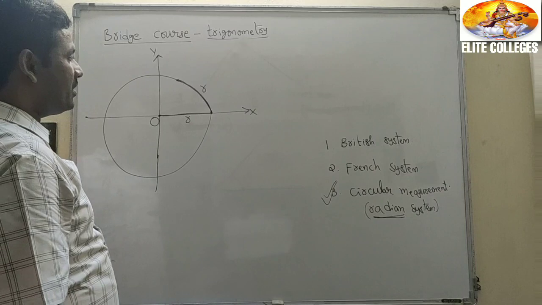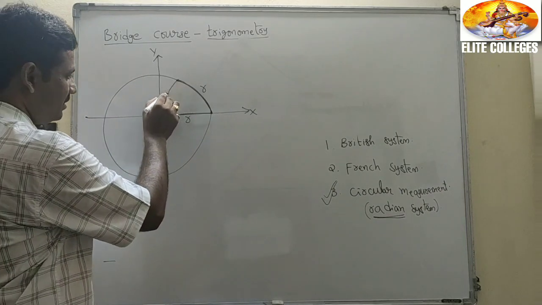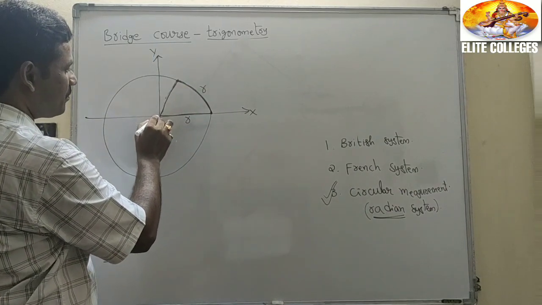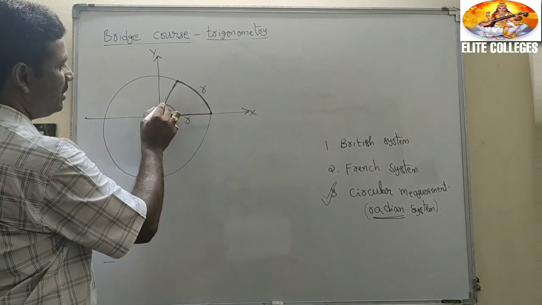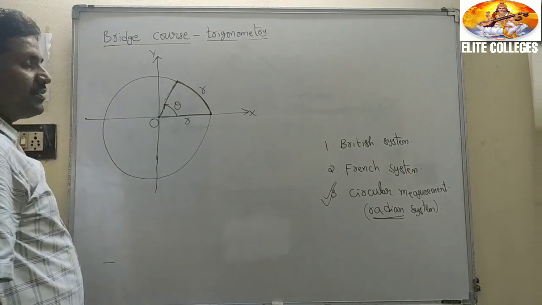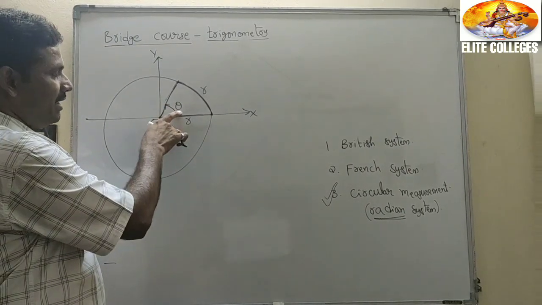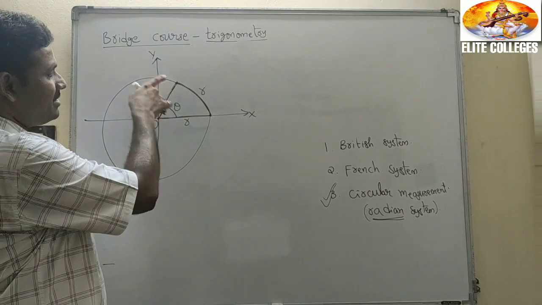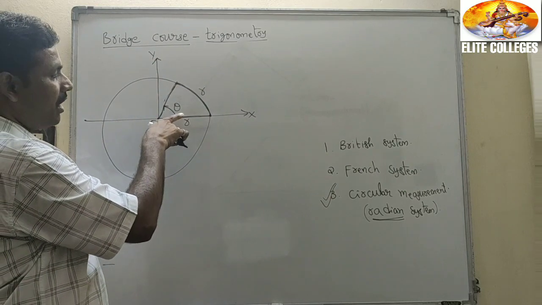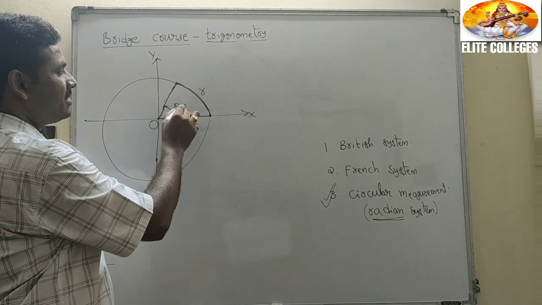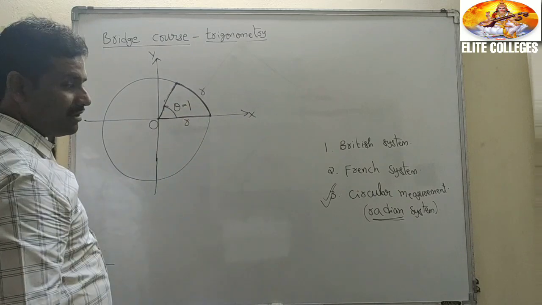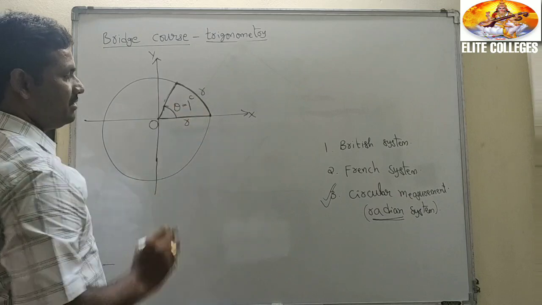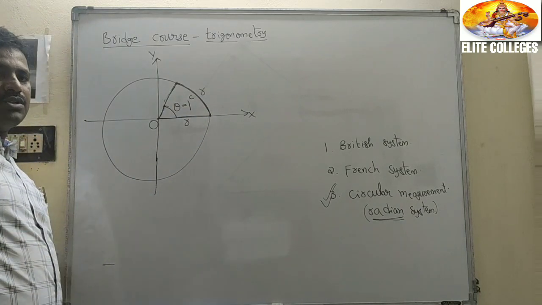The arc of length r units subtends an angle at the center. This is the amount of angle subtended by an arc length of r units of a circle of radius r units. Then this theta is called 1 radian. That radian we denote as 1 c, the circular measurement.